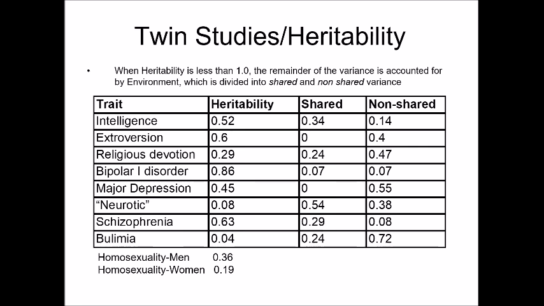And then when heritability is less than 1, the remainder of the variance is accounted for by the environment. And we divide that into shared and non-shared variance. The shared variance is events that the twins have in common. So they have the same socioeconomic status, the same parents. Non-shared can be things where the twins are different.